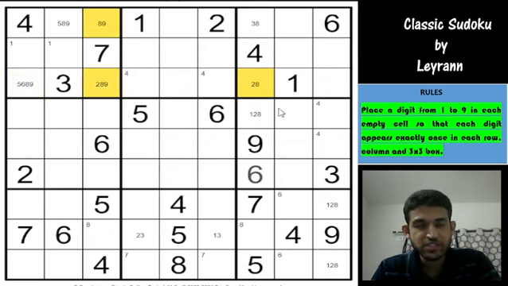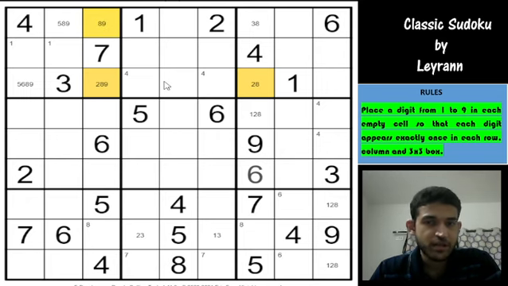So we have an XYZ wing in the grid, guys. So what is an XYZ wing? You have candidates in 3 cells, out of which 2 cells are bi-value candidates, and 1 cell is a triple value candidate like this one, right? And the digits in those cells must be some combination of 3 digits exactly.